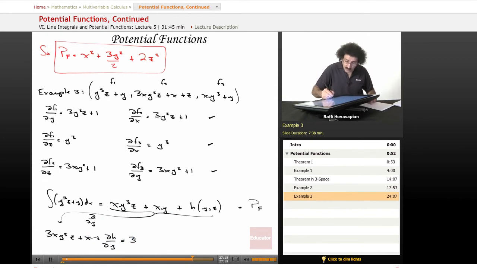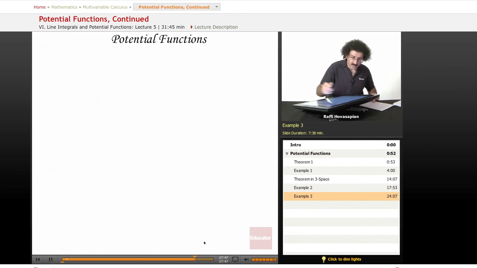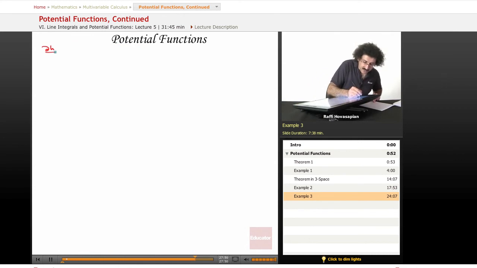That equals 3x y squared z plus x plus z. Therefore, these two are equal to each other, because this is this, and this is this. So dh dy equals z.